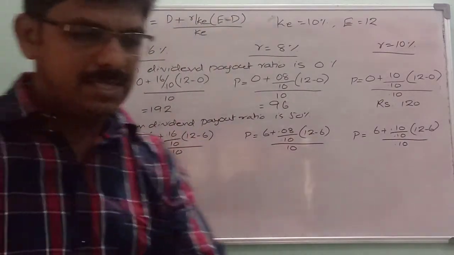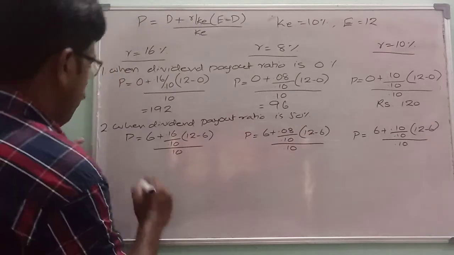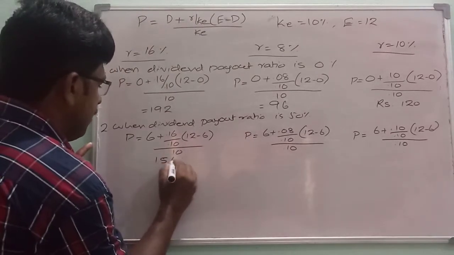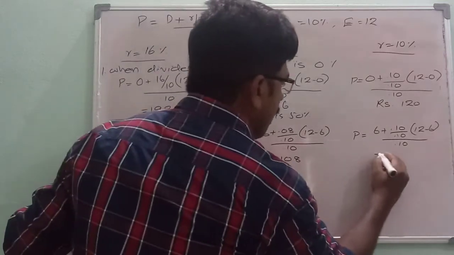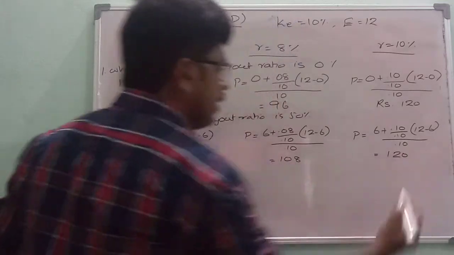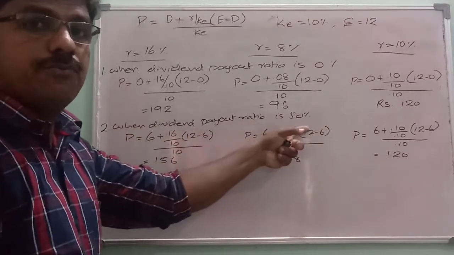Here the answers are 156, 108, and 120, the market prices when dividend payout ratio is 50%.